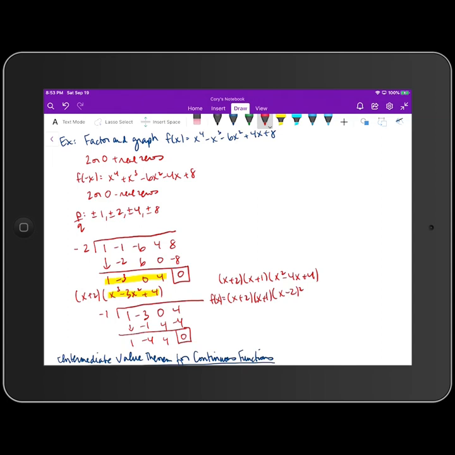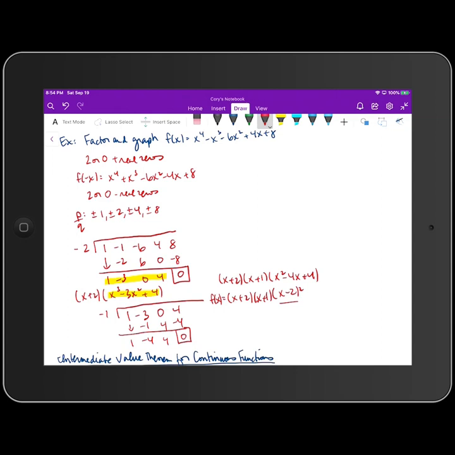So if you tried testing all of the other positive values like 1, 4, and 8, and none of those worked, it could be possible that you have to use 2 a second time, which is the case here because x minus 2 has a multiplicity of 2, which means that root works as a solution twice. Okay, so it could be where a 0 works more than once, and if that's the case, then it's going to have a multiplicity that is not 1.